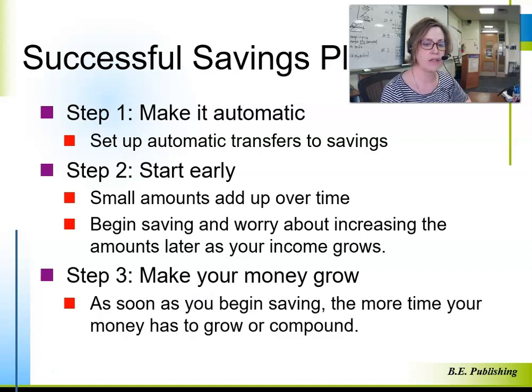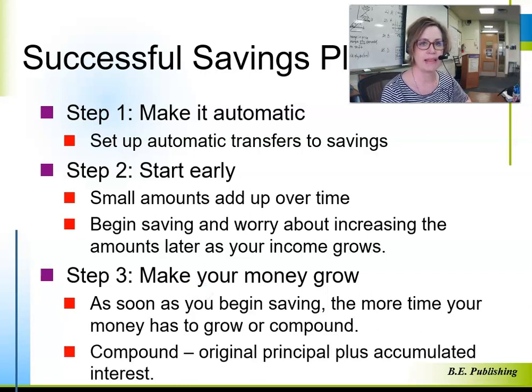And again, as soon as you begin saving, the earlier you start that process, the more time your money is going to be able to grow over your lifetime. And again, this is related to the idea of compound interest, where eventually your savings will accrue interest not just only on the principal, but also accumulated interest over time.